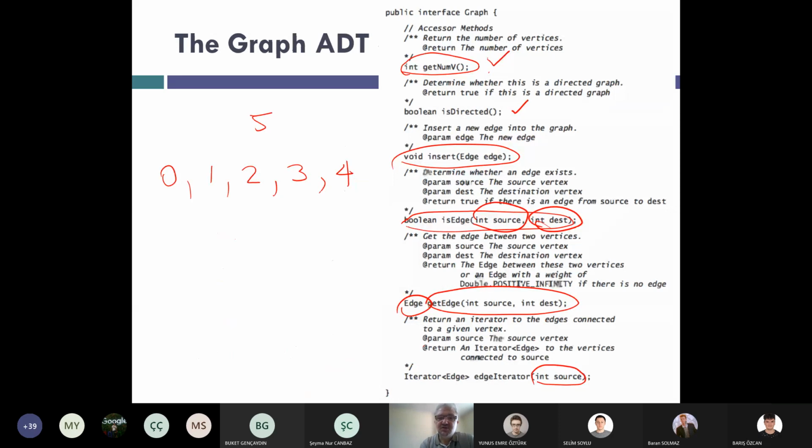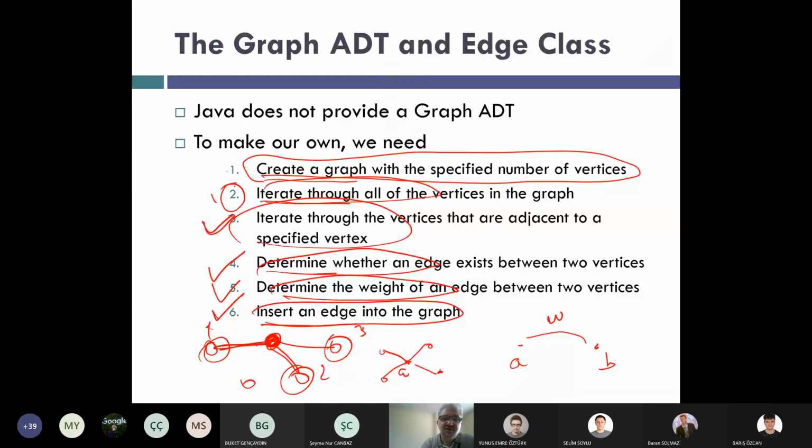So to be able to traverse, to iterate through the vertices, we have to iterate from 0 to number of vertices minus 1, right? So there is no special method for this, but this is implicitly available. You can always iterate through vertex IDs starting from 0 to number of vertices minus 1, right?